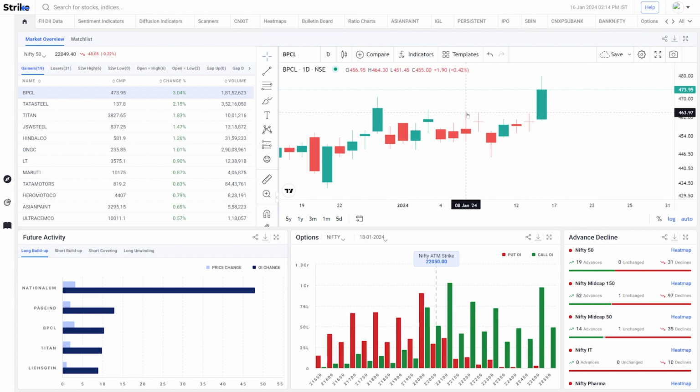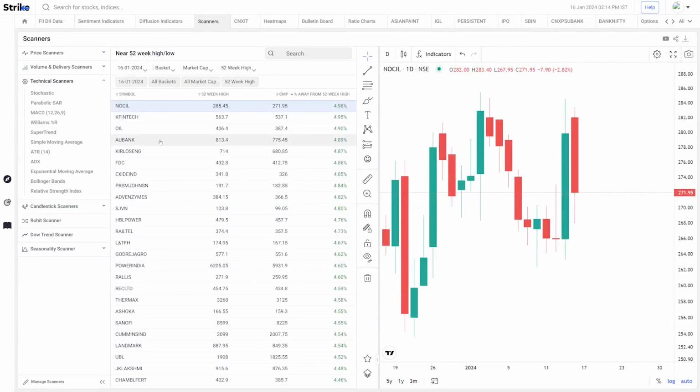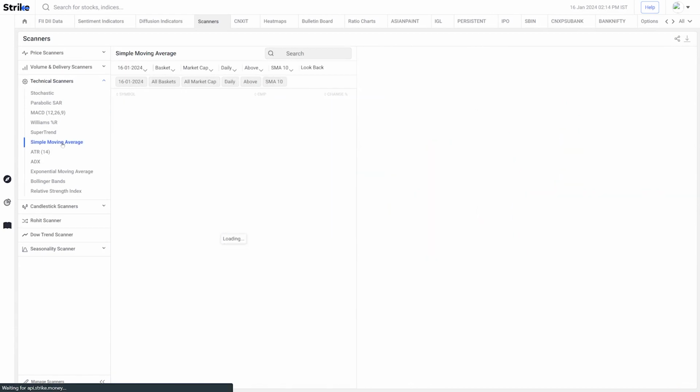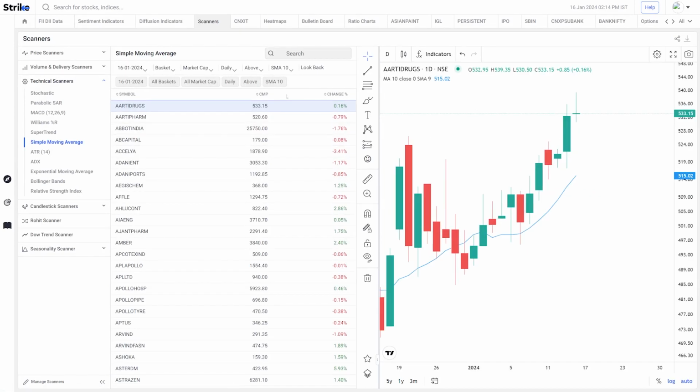So let's start with a very simple thing like a moving average. What I'm going to do right now is head to scanners. Let's head to technical scanners and then go to simple moving average. Let's say we are using a simple strategy like the stock should be above the 20 period moving average across different time frames.